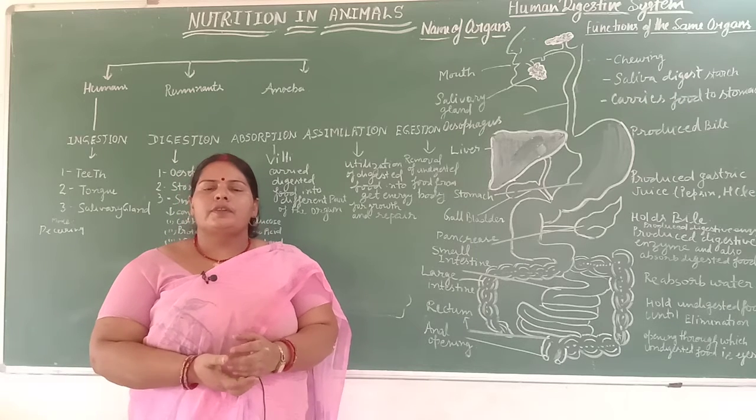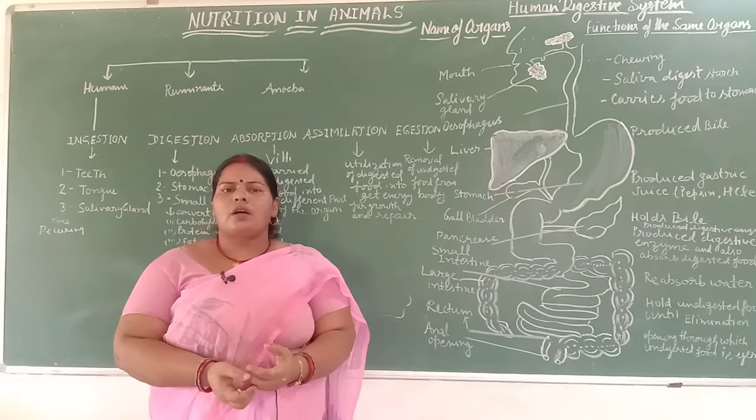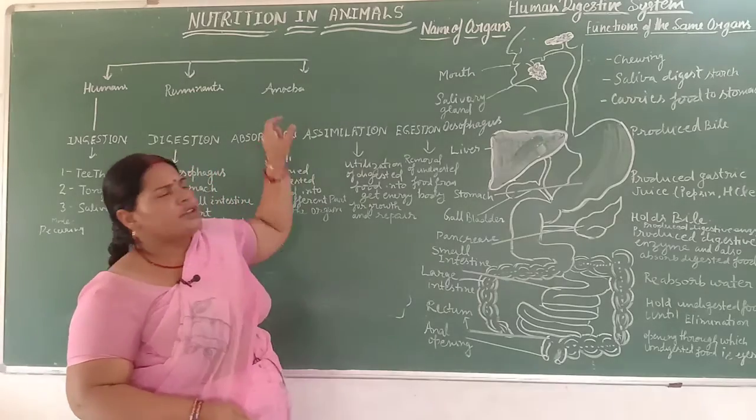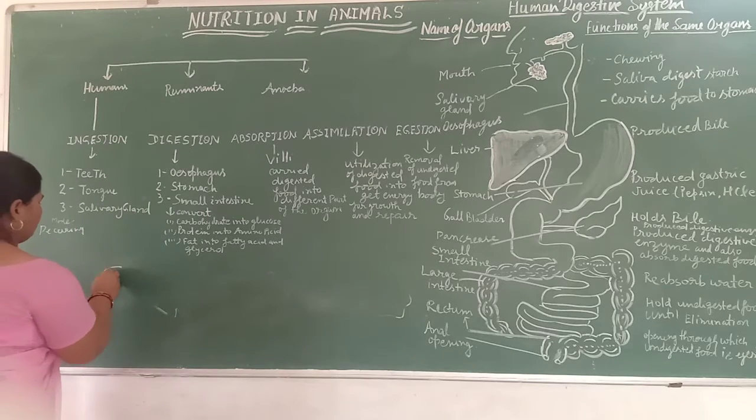You see the different types of organisms found in our environment. They may be unicellular or multicellular. Again, take the unicellular organism amoeba. Amoeba has finger-like projections.